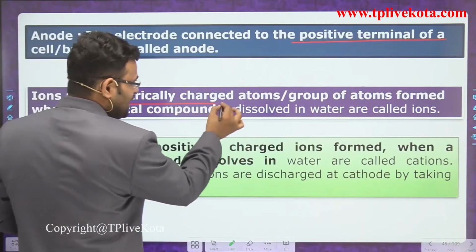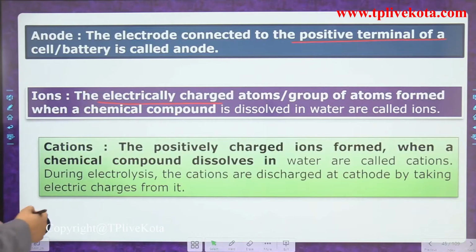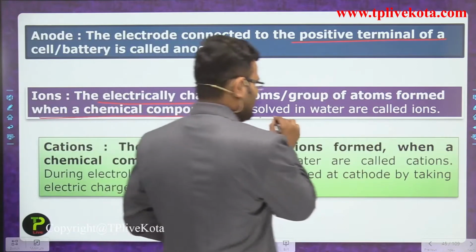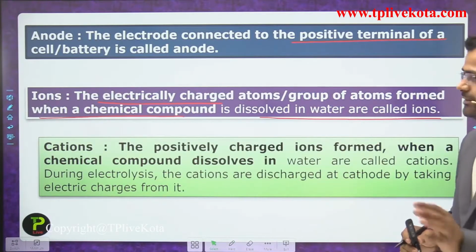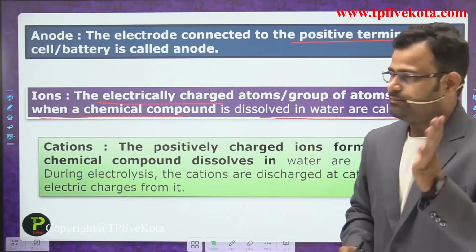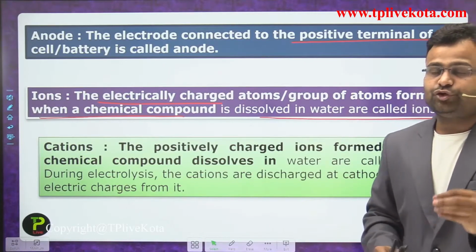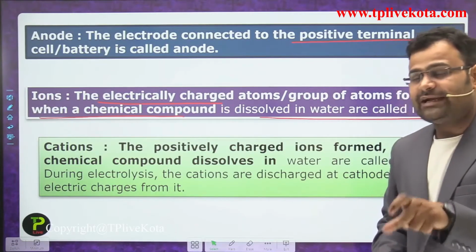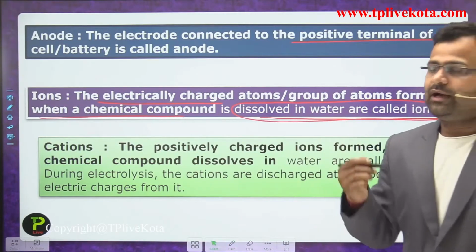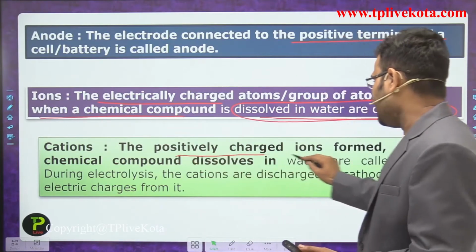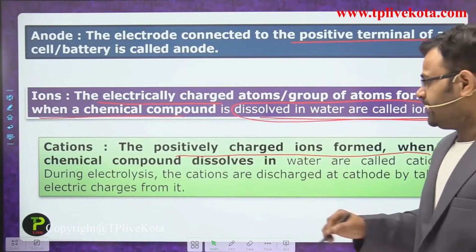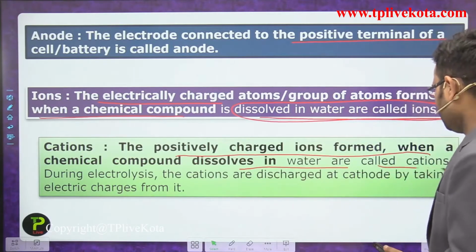The electrically charged atoms or groups of atoms formed when a chemical compound is dissolved in water are called ions. A cation is a positively charged ion.